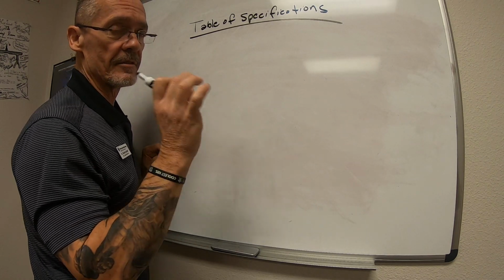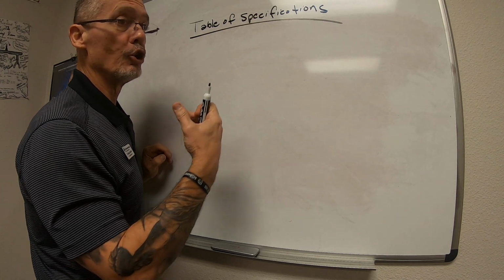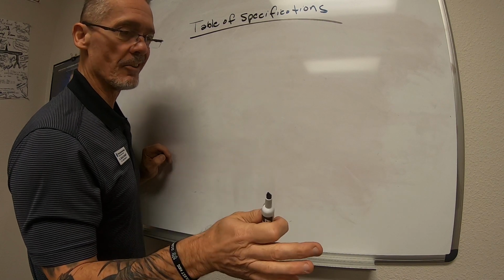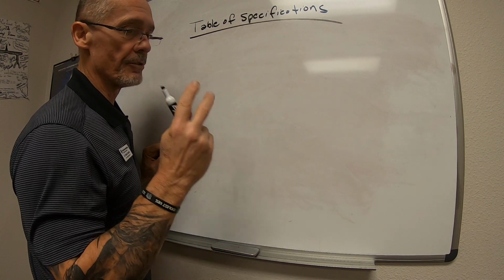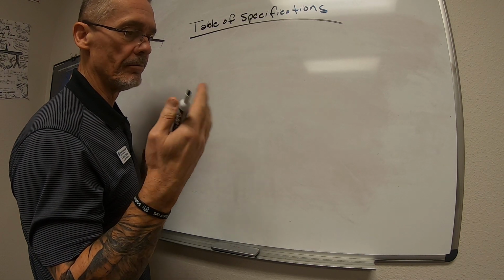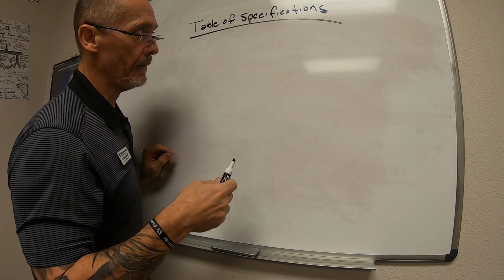But the table of specifications is just a tool for you to objectively look at your assessment and see if it's kind of doing what you hope it's doing. That's all, okay? So there's two versions. One is focused more on Bloom's, right? Levels of thinking.